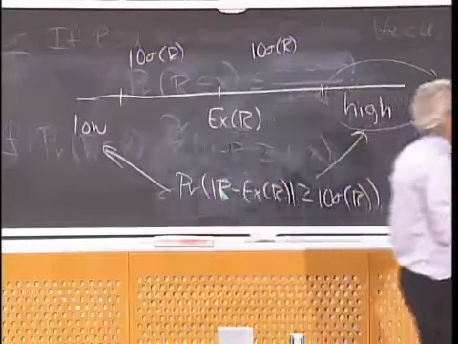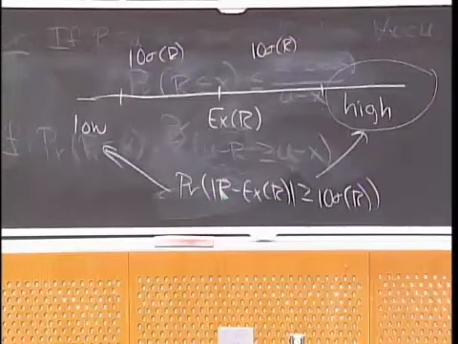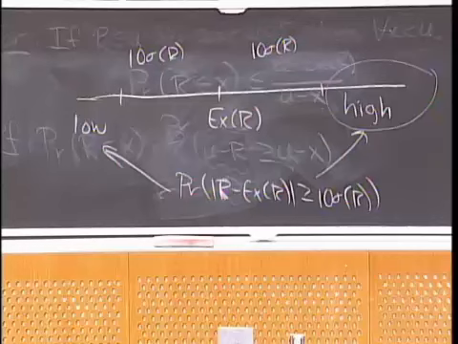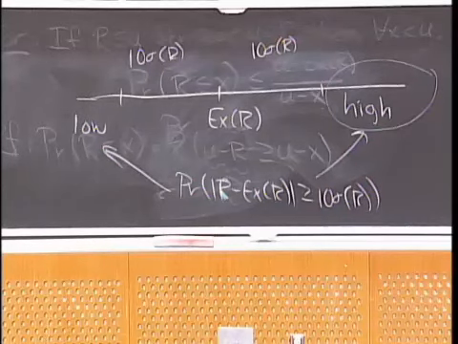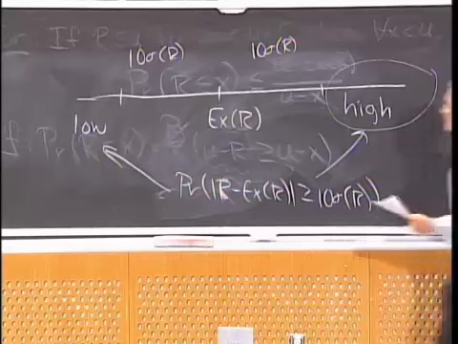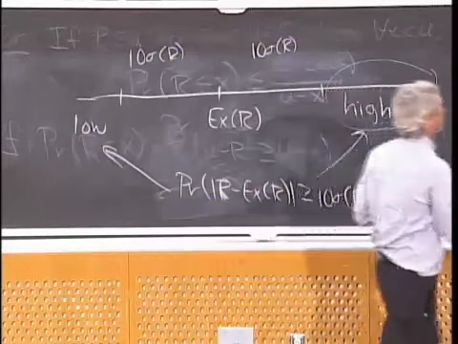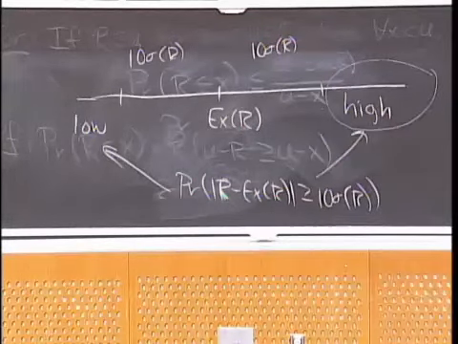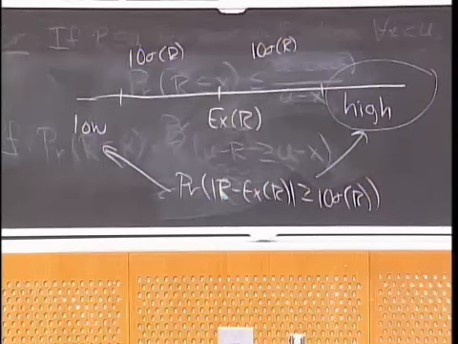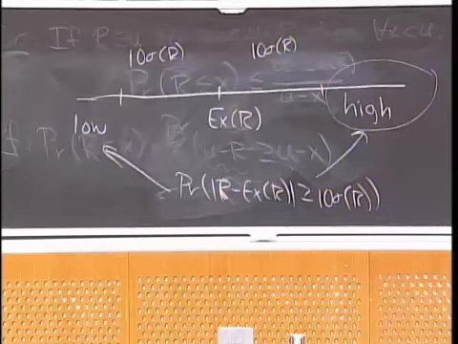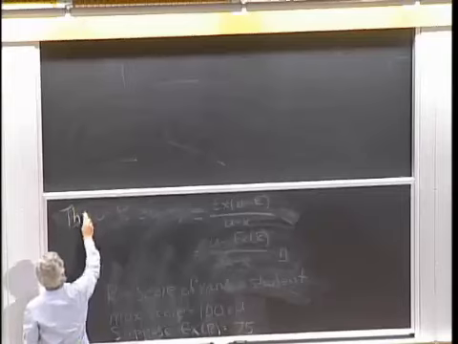Now, there is something better you can say. So let me tell you what it is, but we won't prove it. I think we might prove it in the text. I'm not sure. If you just want the high side or just want the low side, you can do slightly better than 1 in c squared. All right, that's the following theorem.